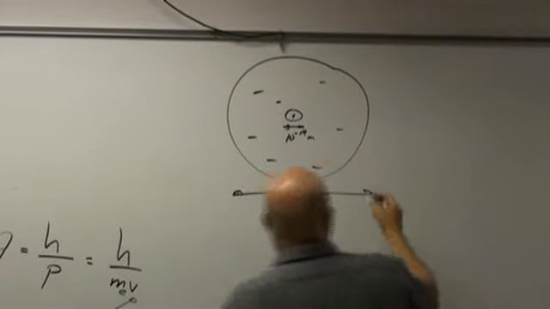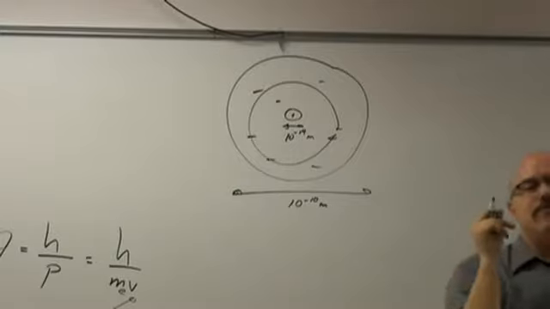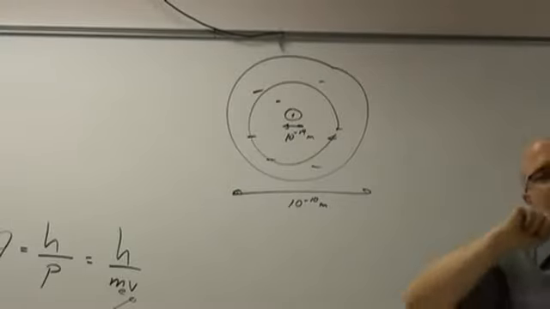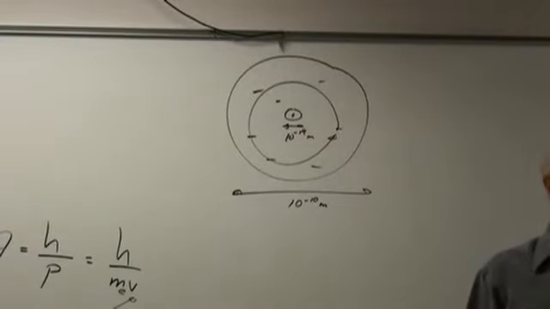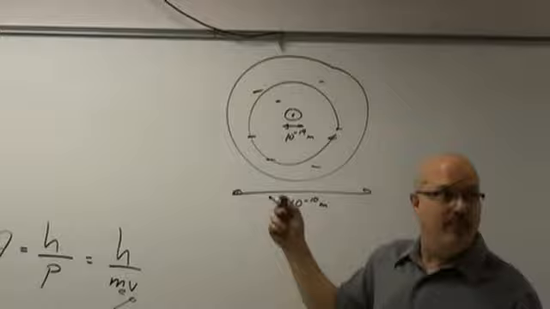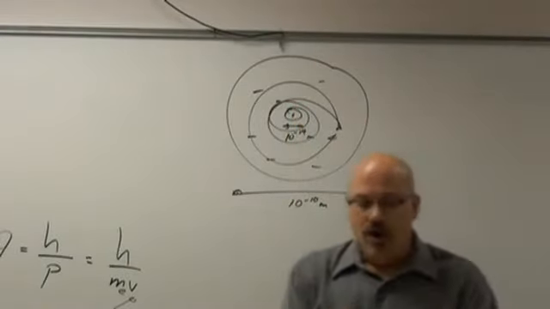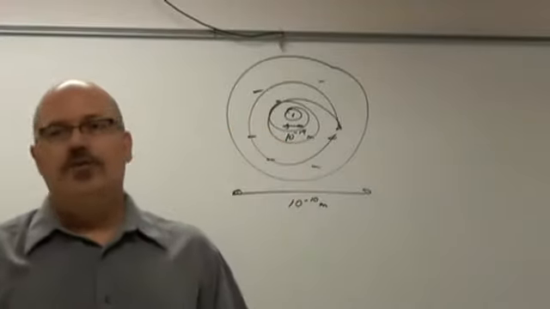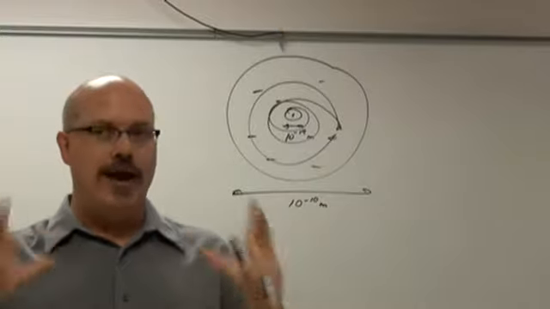The problem with that is that when you're going in a circle, you're accelerating, and accelerating charges radiate energy. When they radiate energy, they lose energy and they'll decay. Within about a billionth of a second, these things would decay down, and your atoms would disintegrate. So we know that the orbital model is not correct.